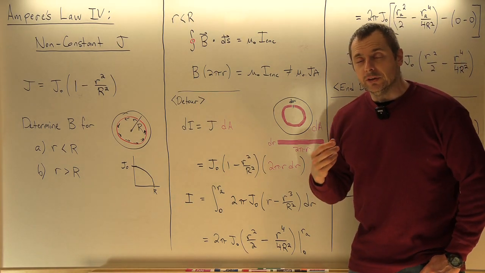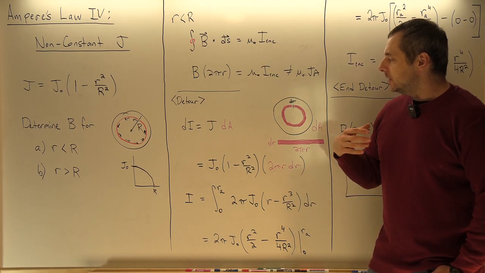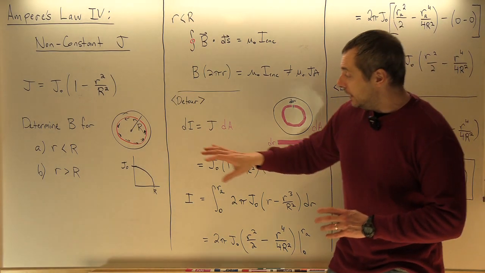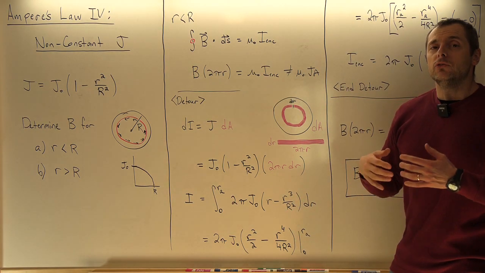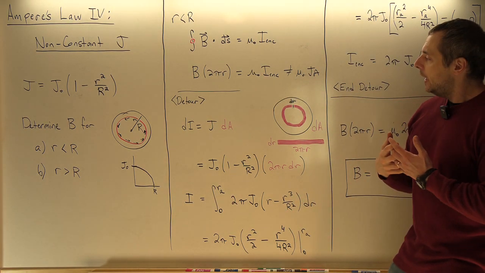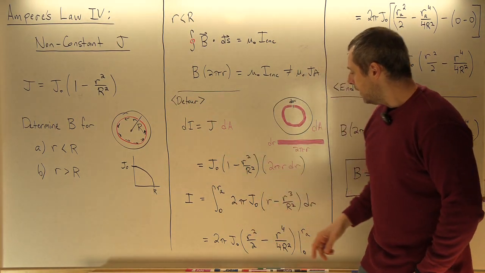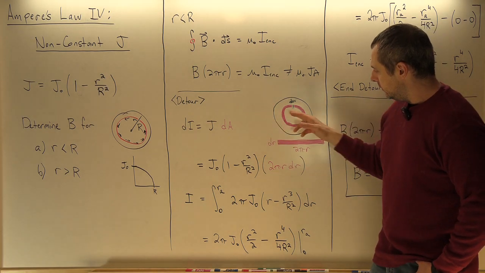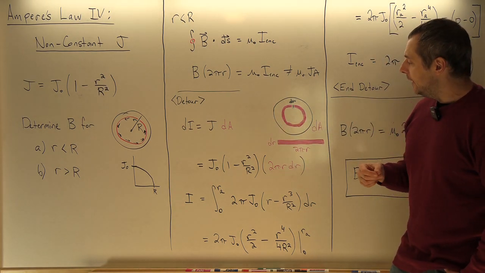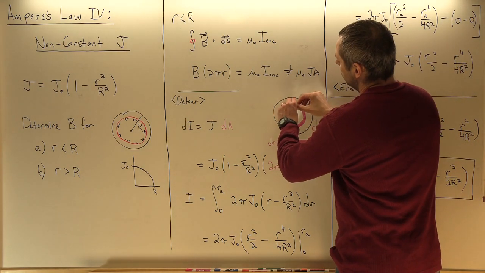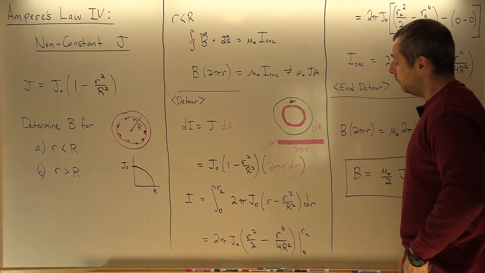But we don't want just the current in this tiny ring. What we want is the entire current inside of our Amperian loop, so we're ultimately going to have to integrate. Let's fill in the pieces and then integrate. For J, we take our function, it's right here. The area of this little ring we can calculate from the area of a rectangle, because if this were made of putty and we sliced it and opened it up, it would turn into a rectangle.